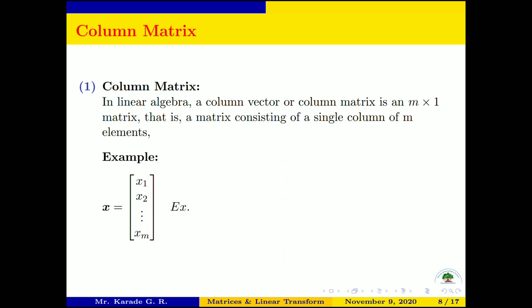For example, consider a column matrix x equal to 1, 2, 3, 4. This is a matrix of order 4 by 1, 4 rows and 1 column. It is an example of a column matrix of order 4 by 1.